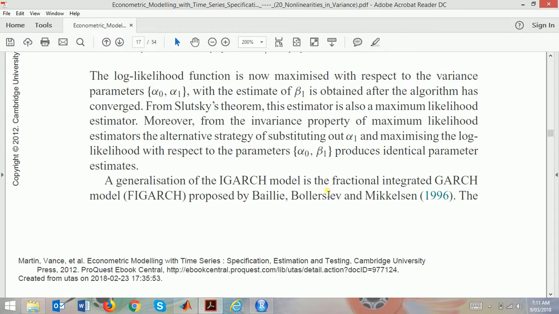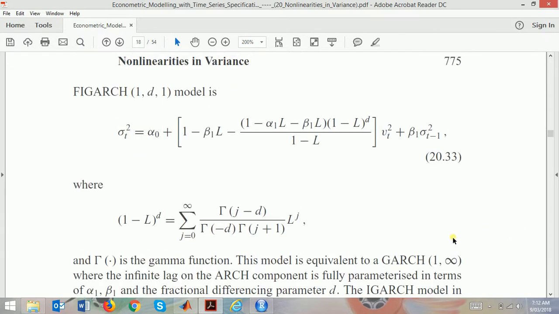A generalization of the iGARCH model is the fractionally integrated GARCH model, FIGARCH, proposed by Baillie, Bollerslev and Mikkelsen. So a generalization process is FIGARCH. The FIGARCH model has parameters 1, d, and 1. Remember that. So d is an important parameter here.